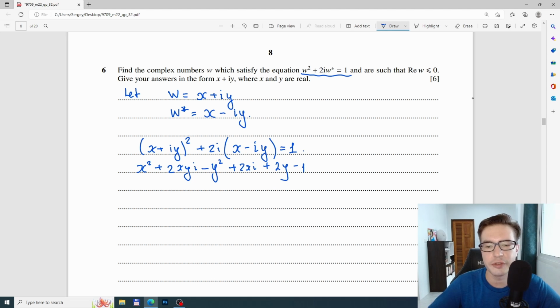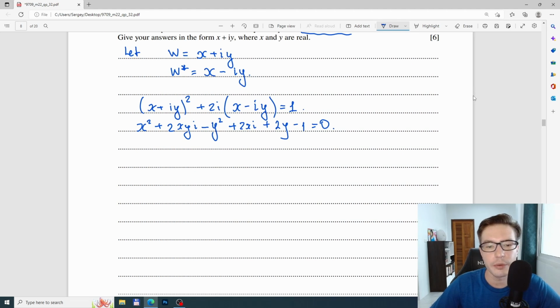Let's move 1 to the left side, so I got 0 on the right. Now I will combine everything with i and everything without separately. So I'll get x squared minus y squared plus 2y minus 1. So it's going to be the real part. And then for the imaginary part, I will get 2xy plus 2x times i.